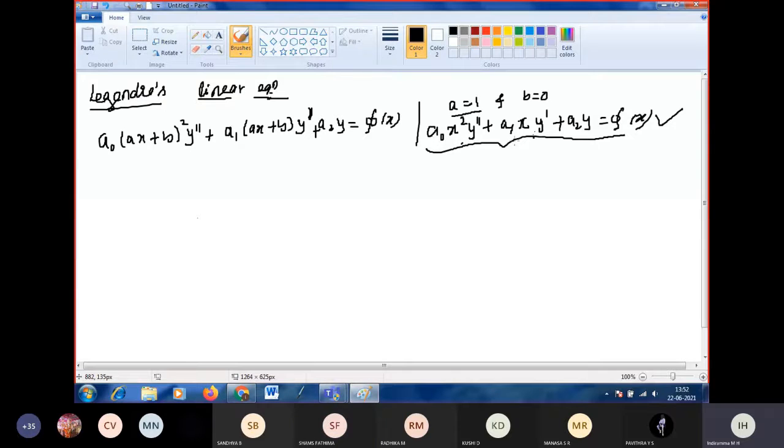We can get Cauchy's linear equation from Legendre's by substituting a equal to 1 and b equal to 0. Already we discussed how to find the solution for Cauchy's. Now we have to find the solution for Legendre's. Everything is the same, only instead of x we should take ax plus b. Did you clear?